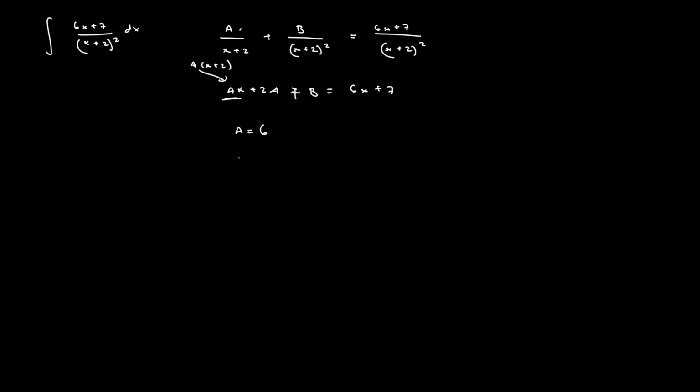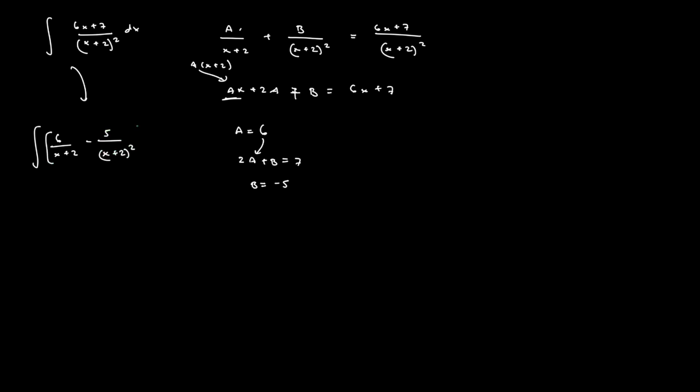And 2a plus b is equal to 7. If we plug in a is equal to 6, we get b is equal to -5. Therefore, our original integrand can be re-expressed as the integral of 6 over x plus 2 minus 5 over x plus 2 squared times dx.